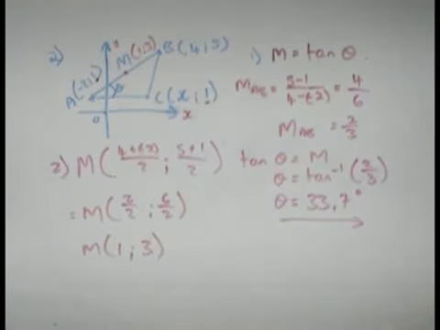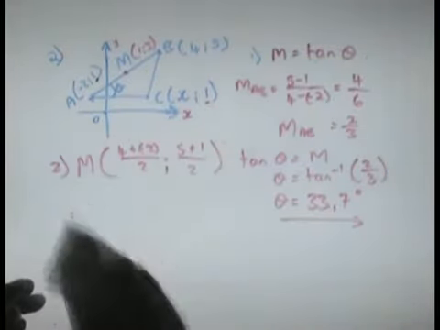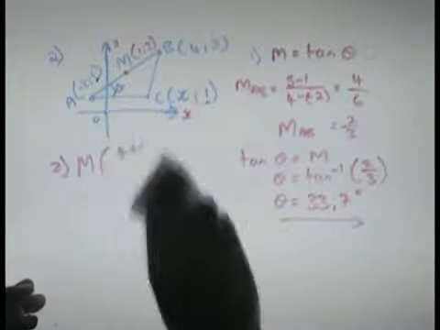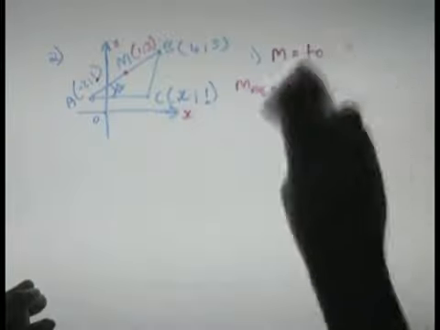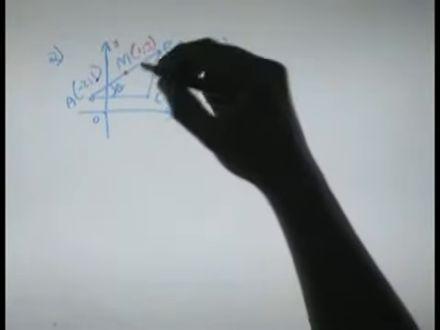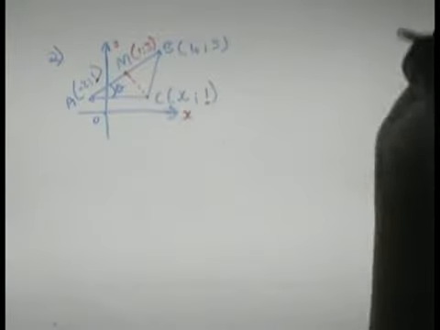The third bit I gave you to do read, determine the distance CM if AB is equal to AC. Now there's a reason I told you AB is equal to AC. Can we use the distance formula to get CM?